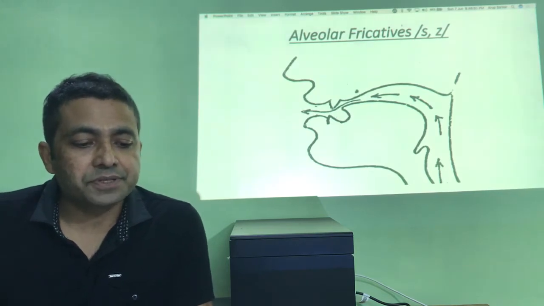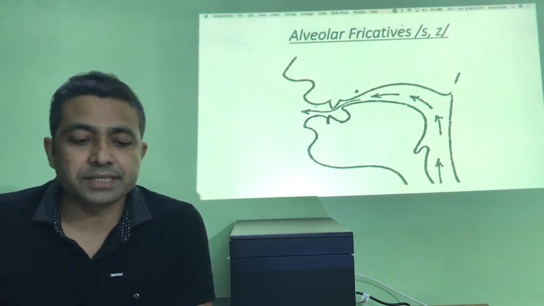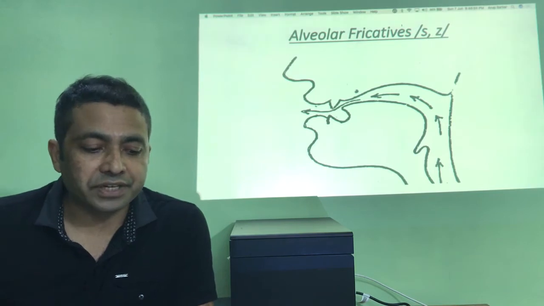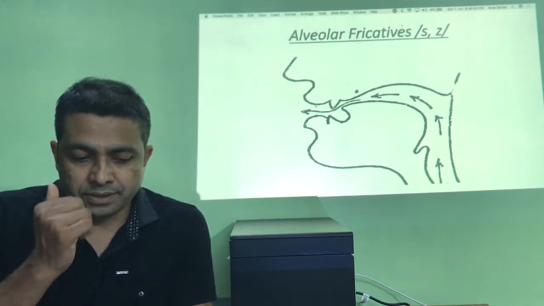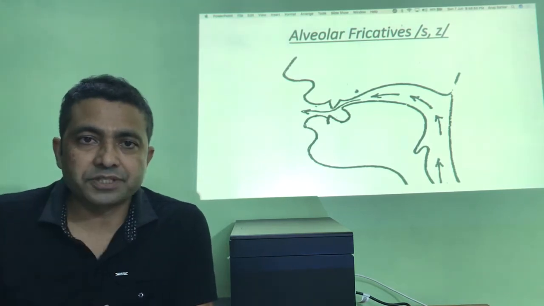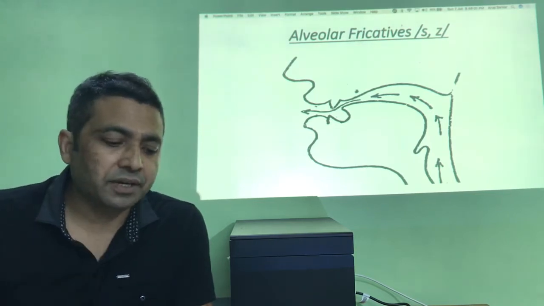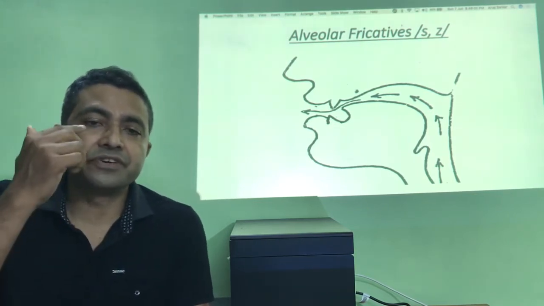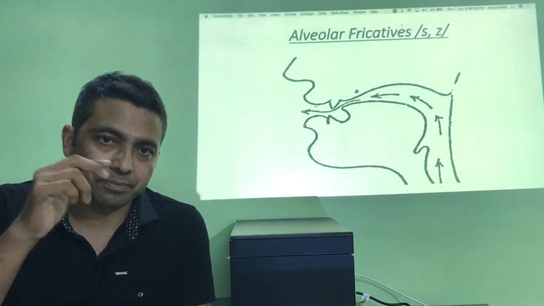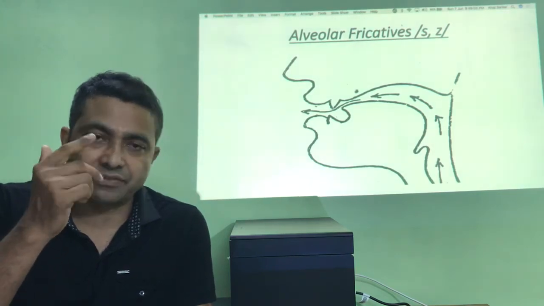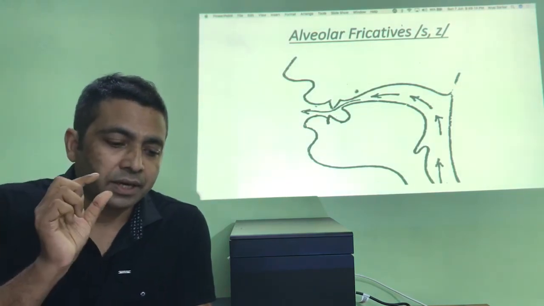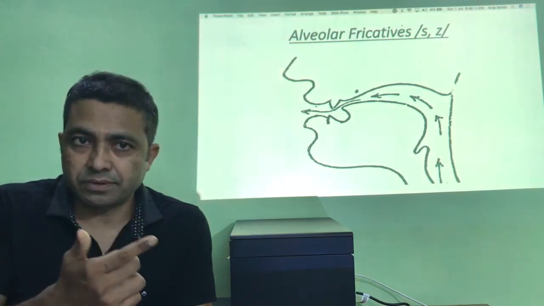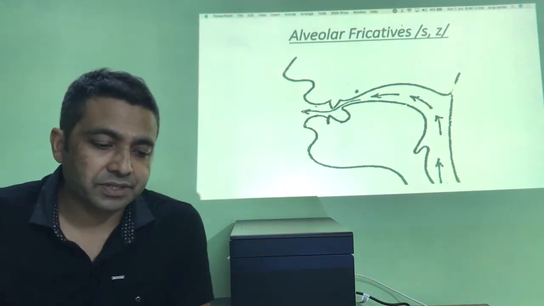Alveolar fricatives. These two sounds, sa and za, are alveolar fricatives. Alveolar, because the tip of the tongue goes against the alveolar ridge or the teeth ridge, the back of the upper teeth. This position is called alveolar, so they are named after it. They are called alveolar sounds.